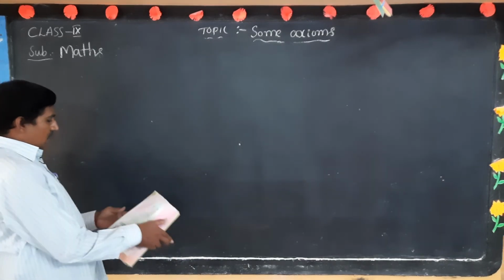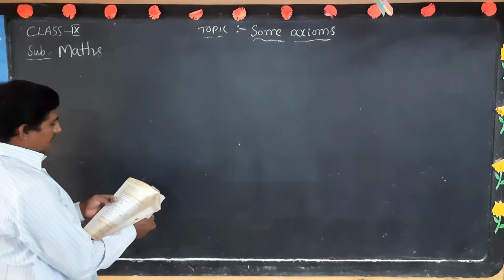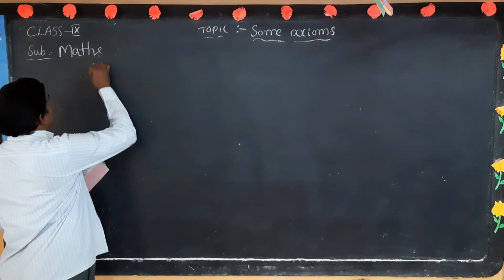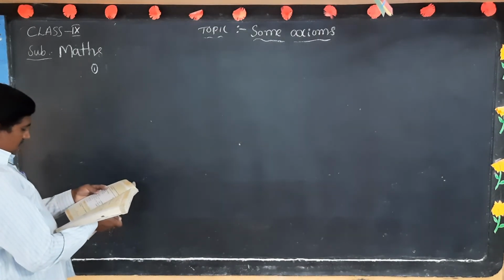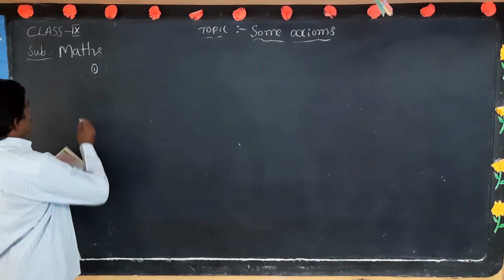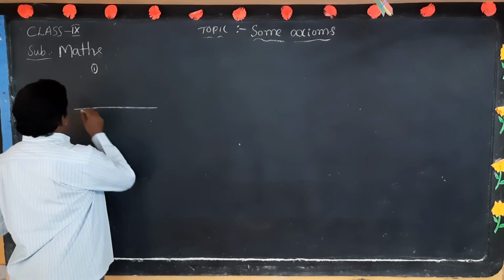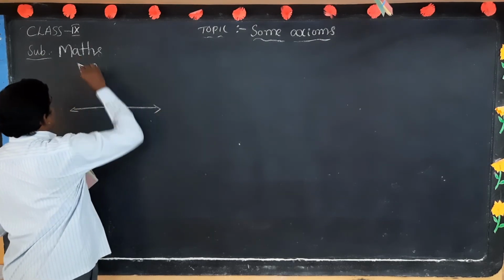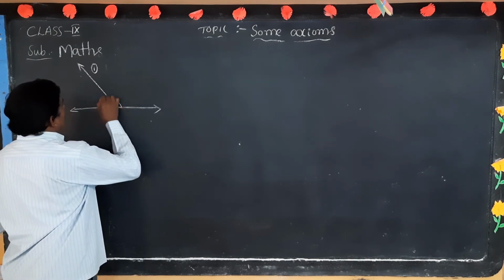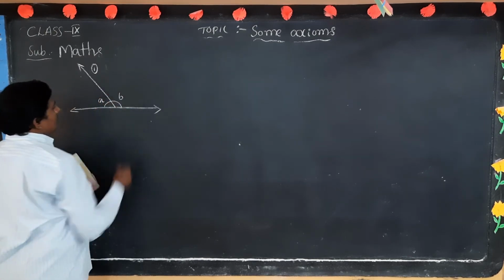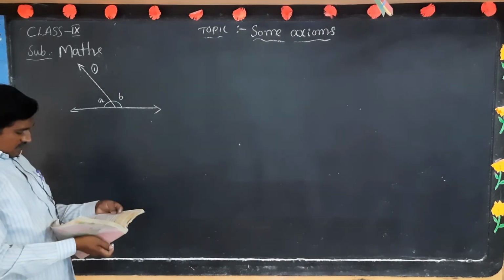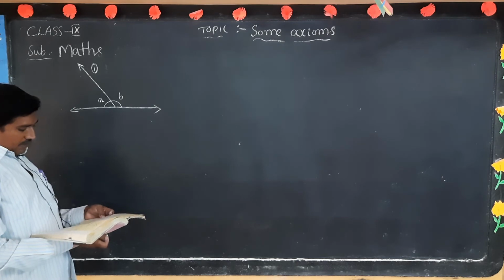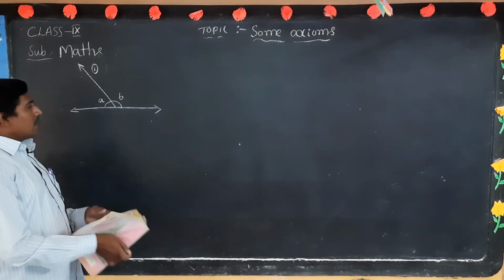After that, see, they have given 'Do this' on page number 80. The first diagram is A, B. What they are saying is, classify the given angles as a pair of complementary, linear pair, or vertically opposite angles.